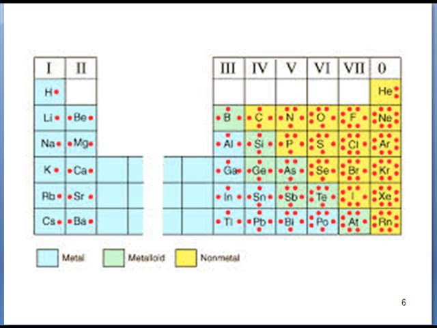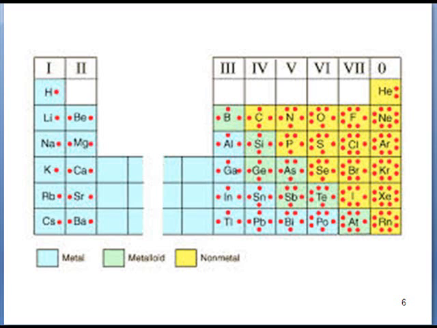The yellow grouping will have a tendency to gain electrons, assume a negative charge in an effort to achieve a full valence shell. Because they tend to gain, they're called the nonmetals. Now the green column or staircase down the side there, those are called the metalloids.